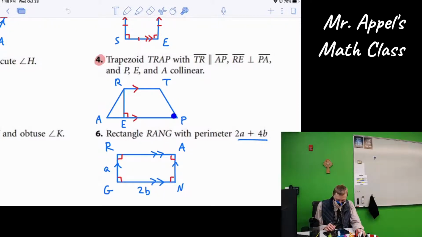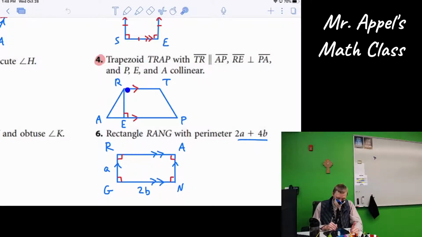Well, A and P I know have to be my endpoints because they're part of the vertices of the trapezoid. So E must go somewhere in the middle, which means this segment RE is not part of the trapezoid itself. It's not one of my sides. RE is not a side of the trapezoid.